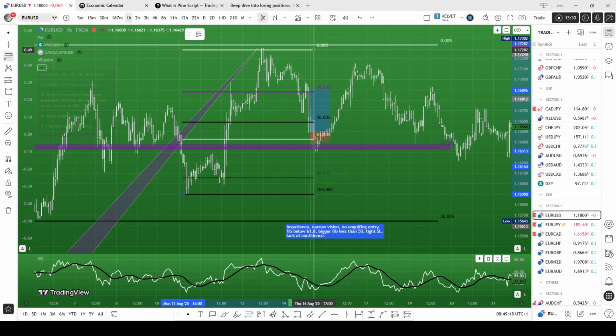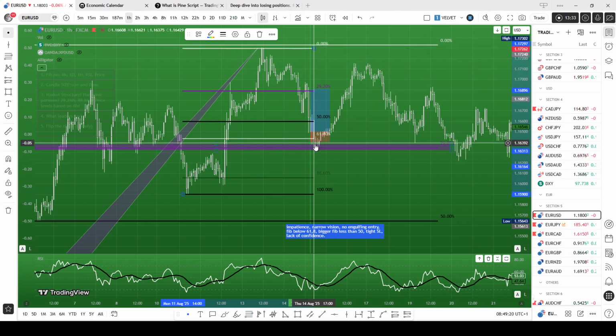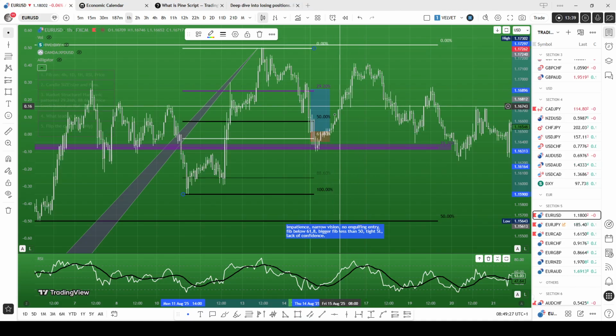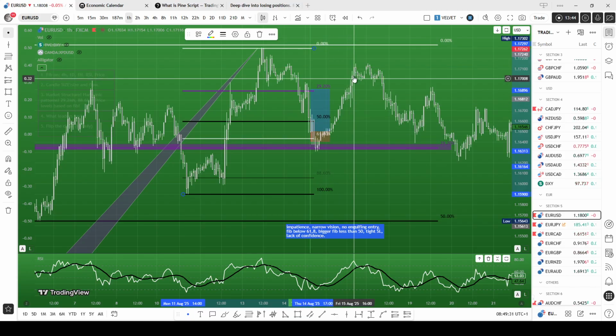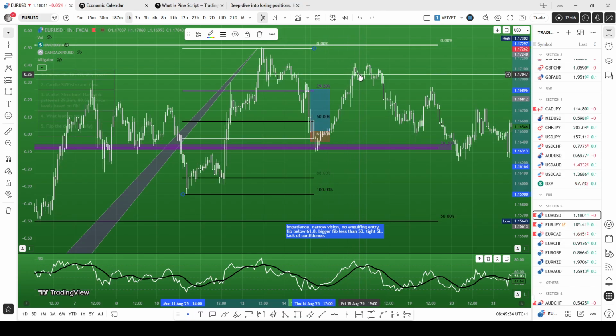It was a 61.8, actually below 61.8, which was important because it resulted in a market structure which did not break above the previous high.